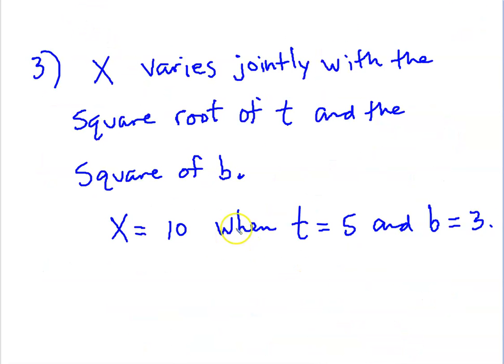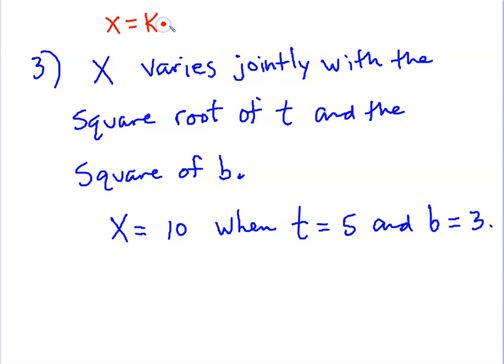All right, let's take a look at a couple more. Let's see what it means to vary jointly. Whenever you see x varies jointly, that means x is going to be equal to k times 2 other quantities, 2 other variables. Okay, so we'll just go ahead and write it up here. Varies jointly with the square root of t.